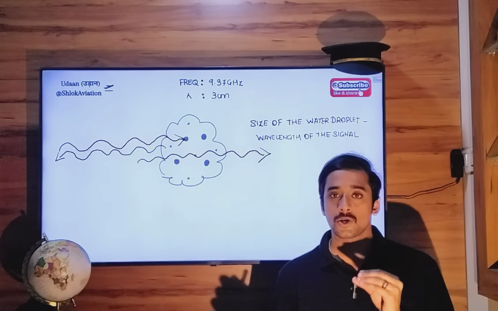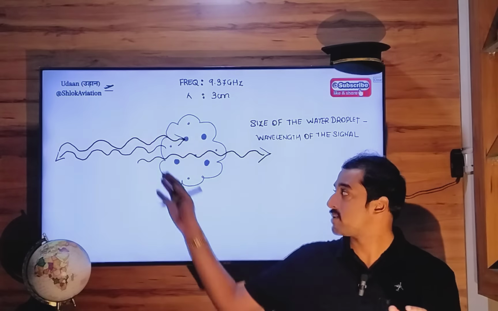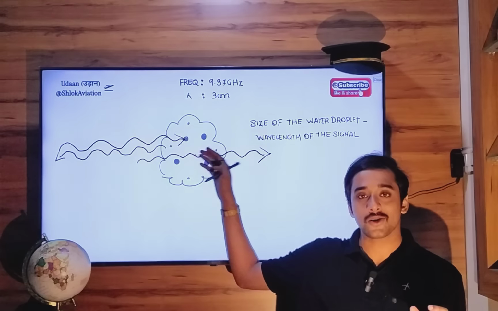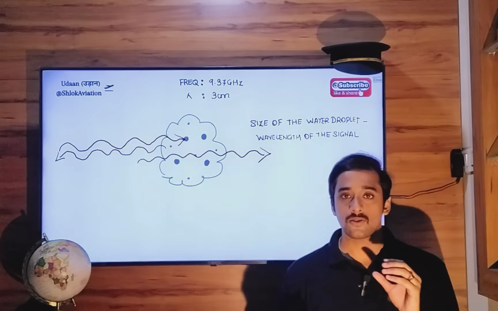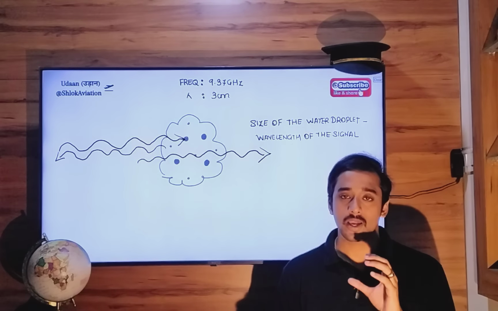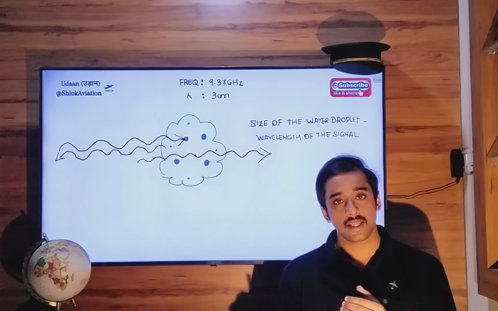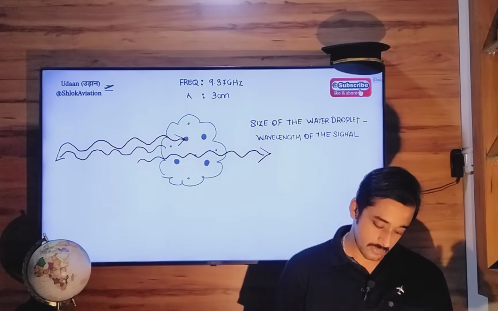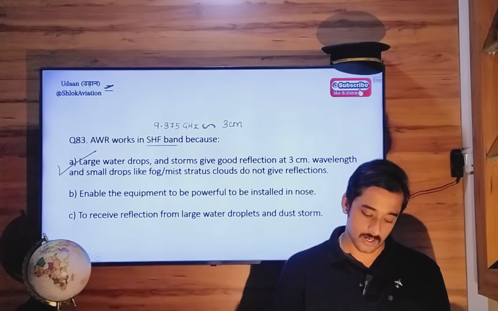If the size of the water droplet is too small, then this wavelength signal will penetrate that cloud layer and go beyond it. If the size of the water droplets is somewhere around or equal to the wavelength of the signal, then reflection will happen successfully. So the correct option is option Alpha.